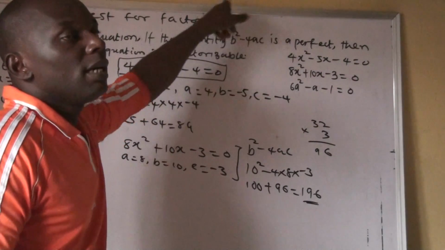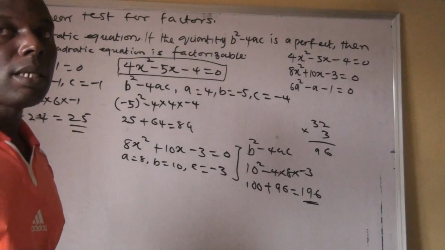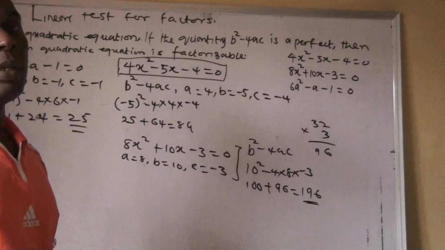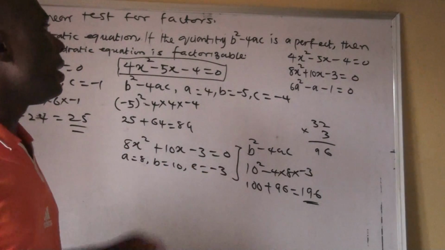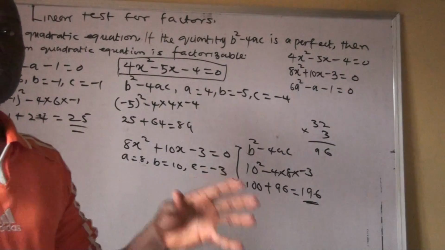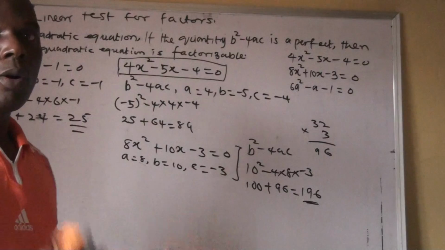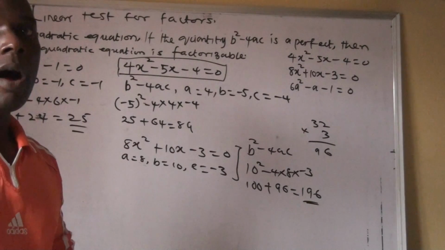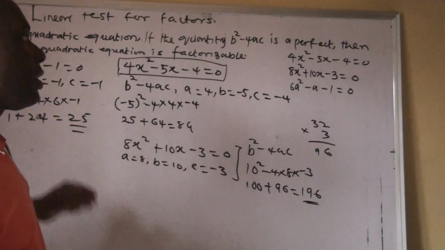Once the term is a perfect square, that means the equation is factorizable. Once it is not a perfect square, that means it is not factorizable. So you adopt the other methods, either completing the square or the formula or the Poisson-Law approach. That is the essence of this video.